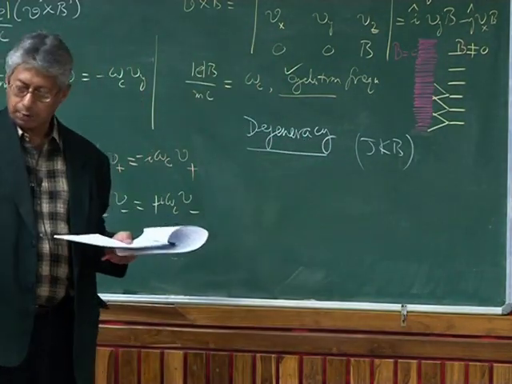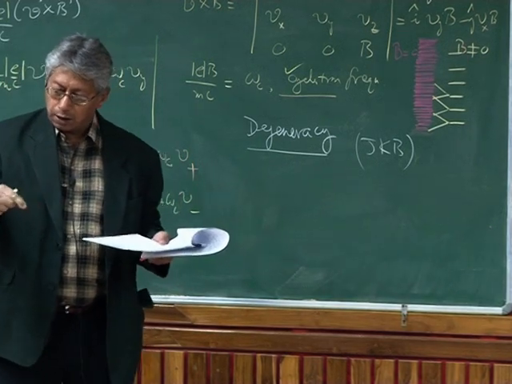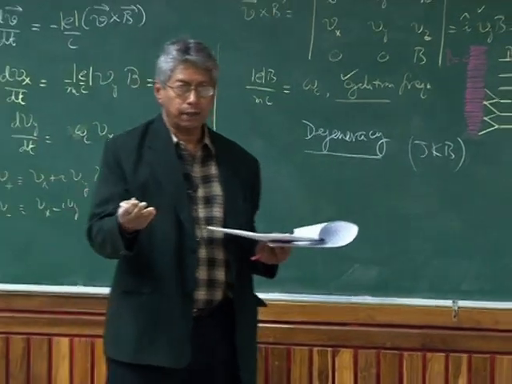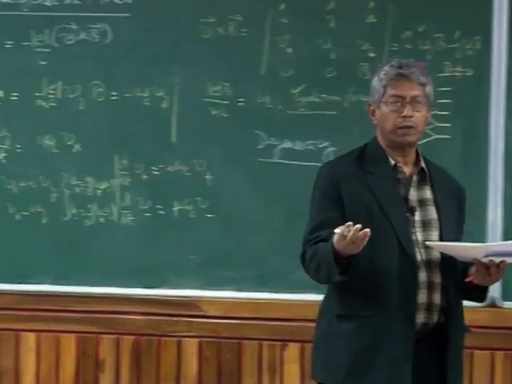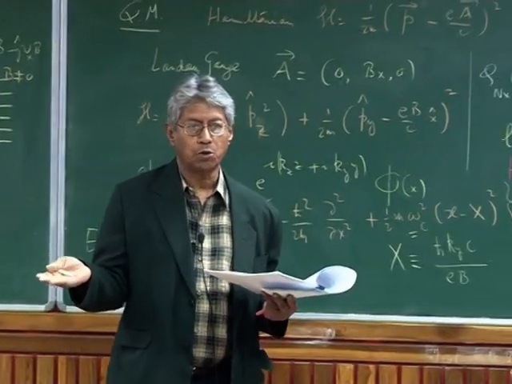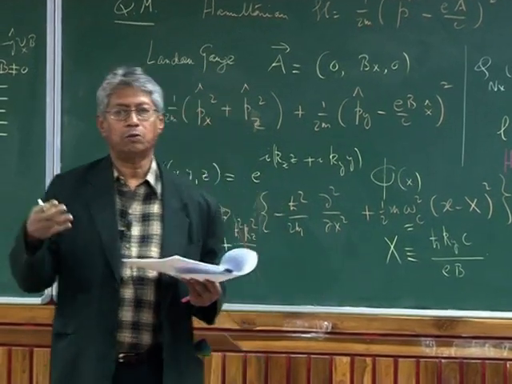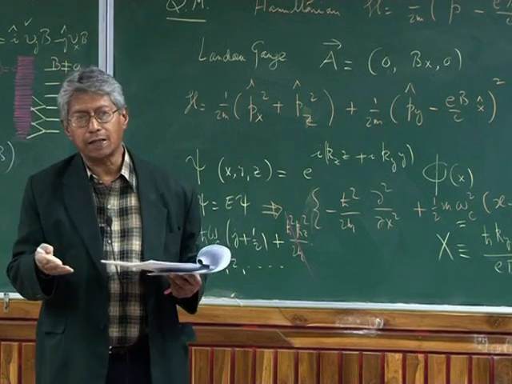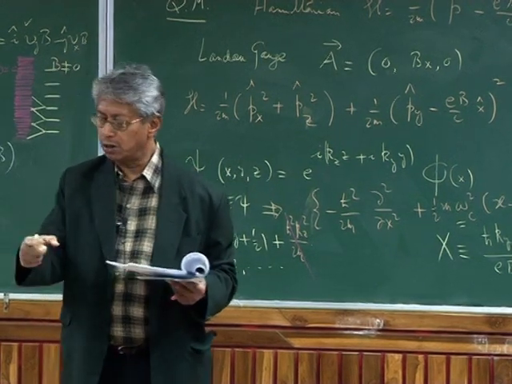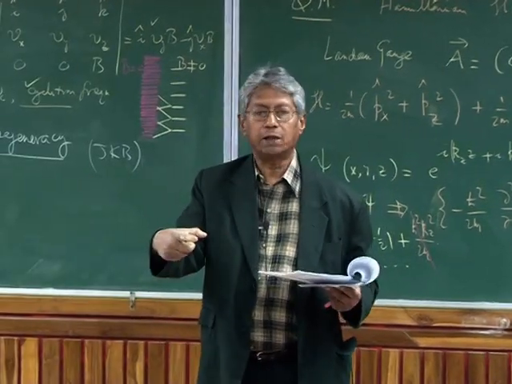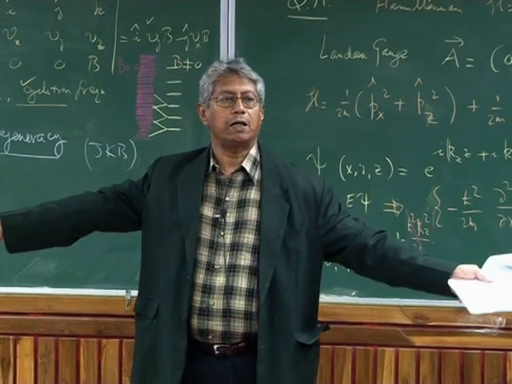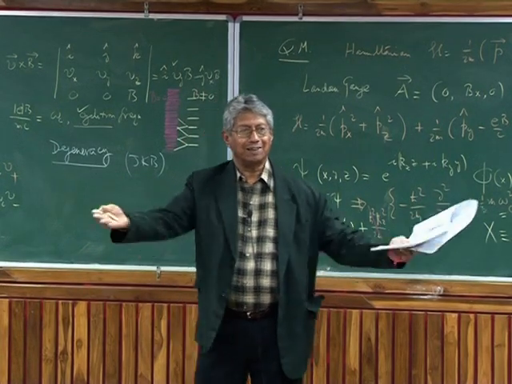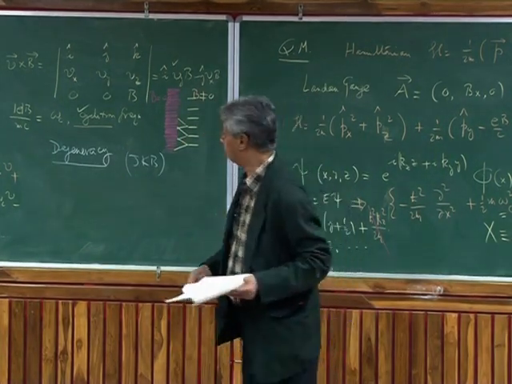So physically what is happening is that each of these orbits has some kind of an area, right? What is the area of an orbit? Pi times the radius squared. The only length scale that is there is the magnetic length, so it's pi times L squared. Then you ask the question, how many such circles can I fit in an area of A? Of course, circles don't fit in a planar sheet, so you'll have a factor missing.